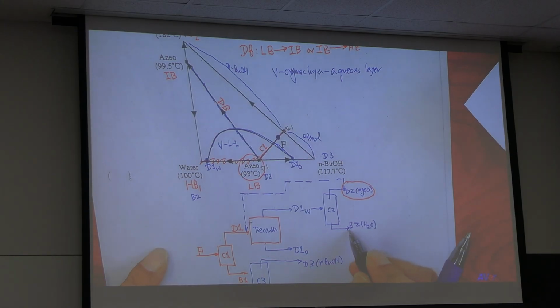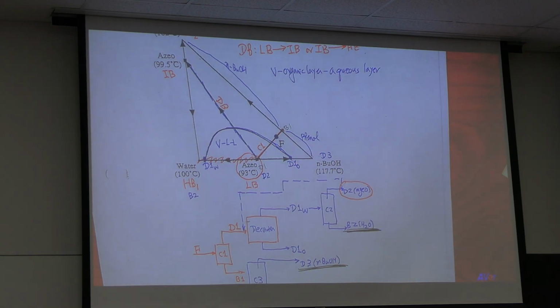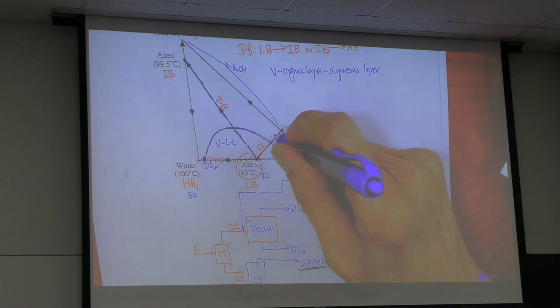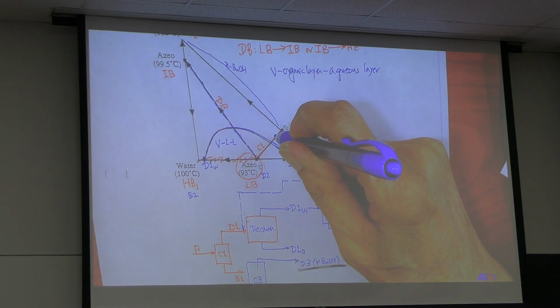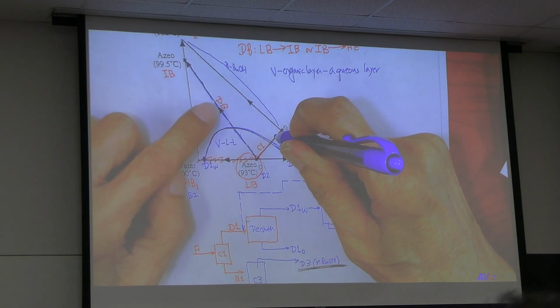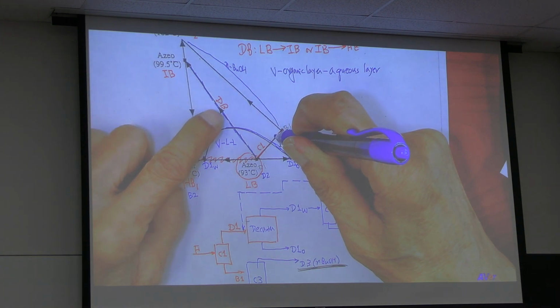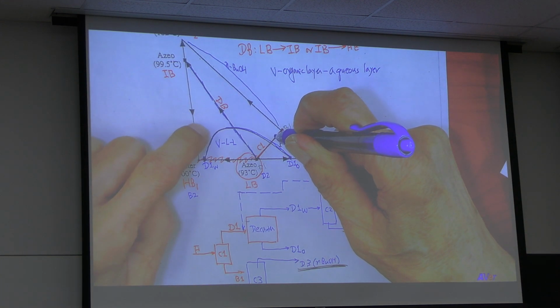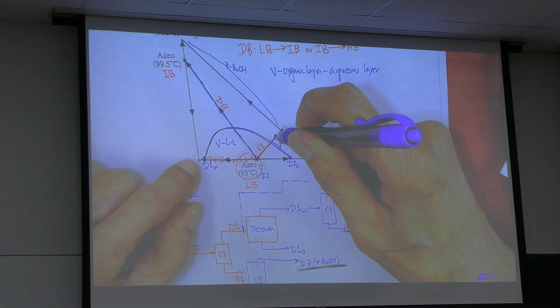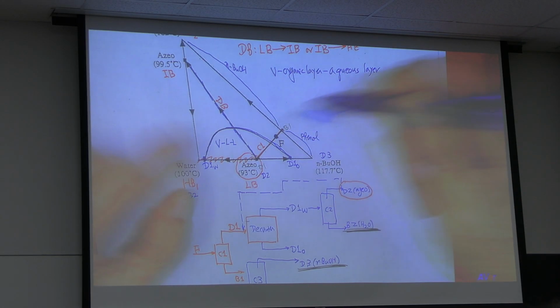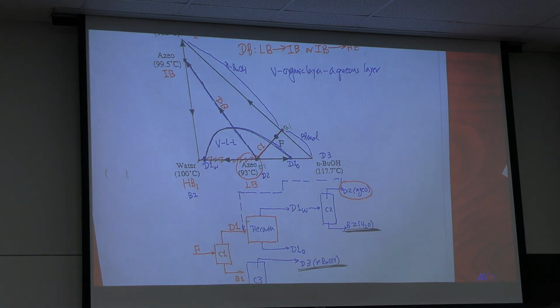So we got all three products. Even though the feed is here originally, without crossing the distillation boundary, you cannot get water, right? Is this easy? Make good use of the decanter.